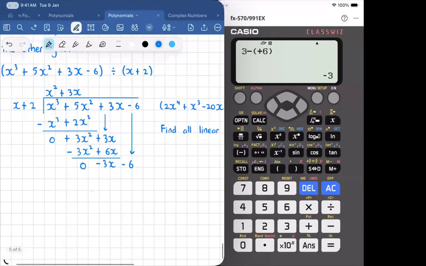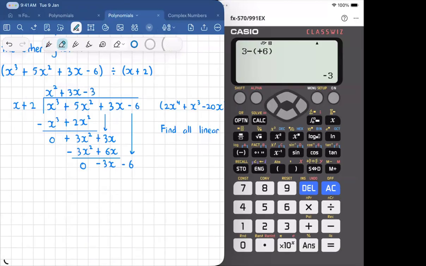Minus 3x divided by the x. Let's give it minus 3. Where am I going to put minus 3? On top.